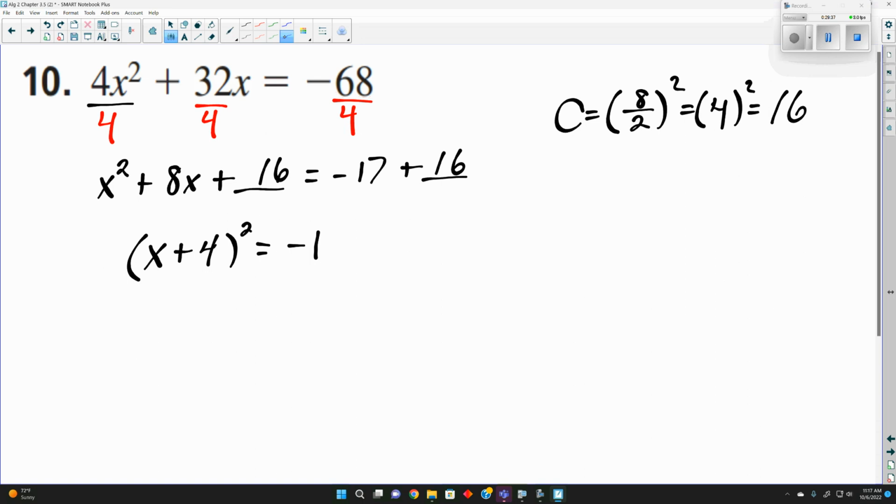And last but not least, we would square root both sides. x plus 4 squared, the square root of it is just going to be x plus 4 is equal to plus or minus i, because square root of negative 1 by definition is i.